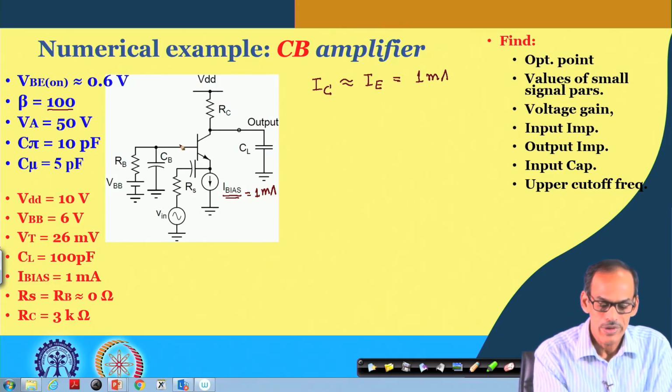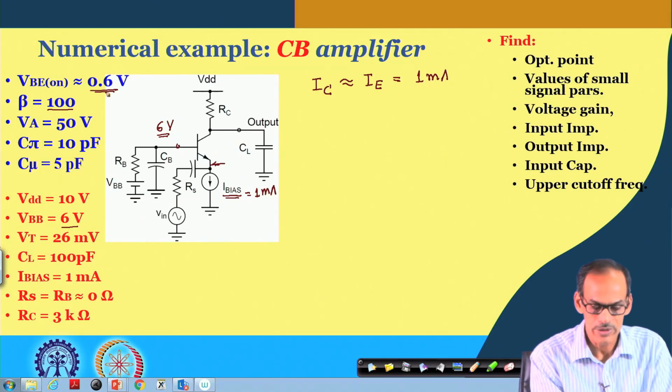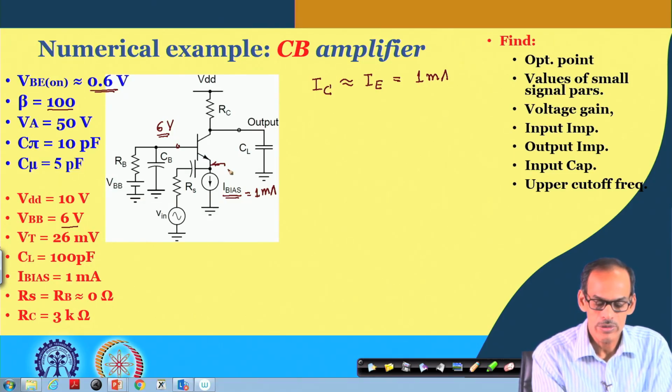The voltage at the base is given as 6 volt, and the emitter voltage here can be obtained by considering 6 volt here and VBE on of 0.6 volt. So, at the emitter node we have 6 minus 0.6, that is 5.4 volt.